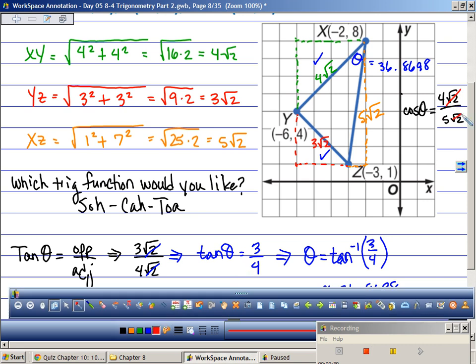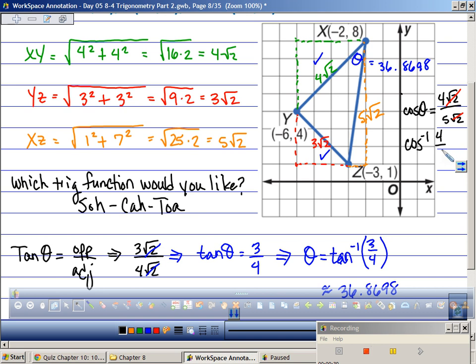Cancel my rad 2's. So if you put in a calculator the cosine inverse of 4 over 5, what do you get? Anybody doing it? You get 36.